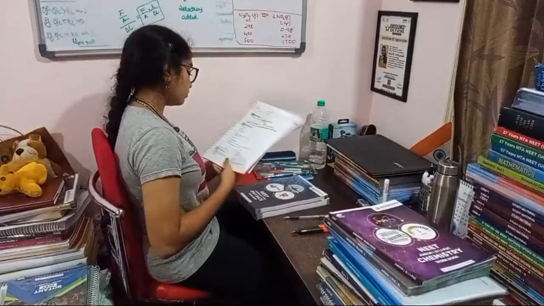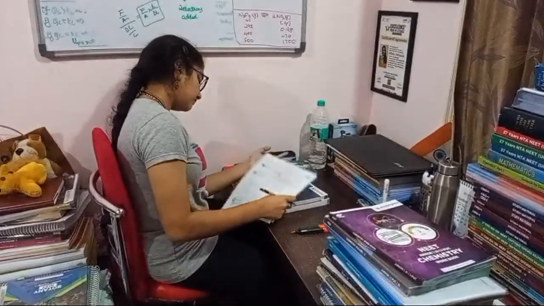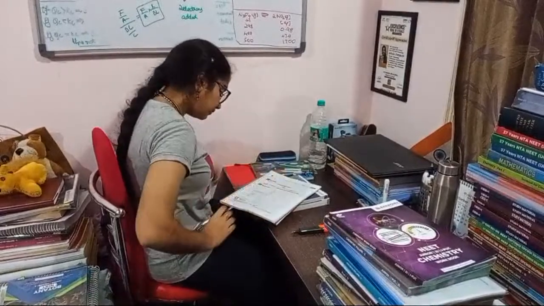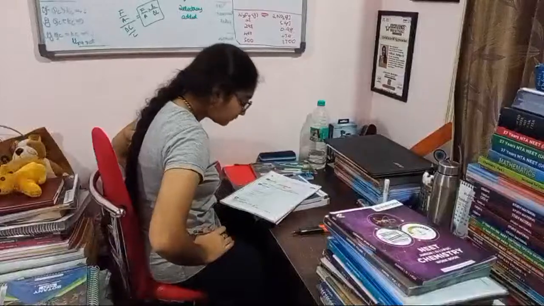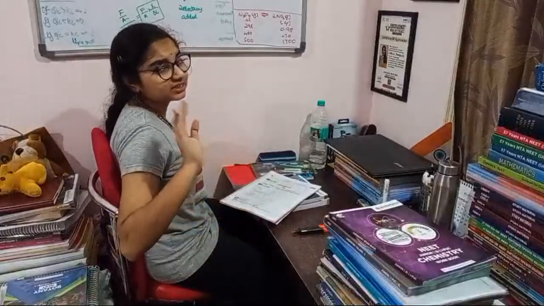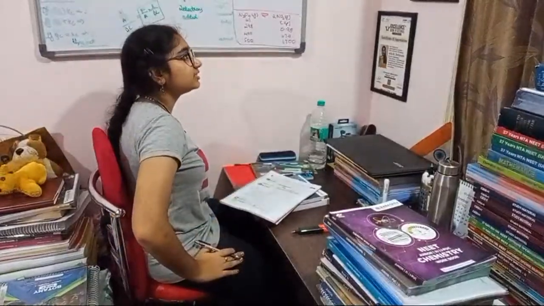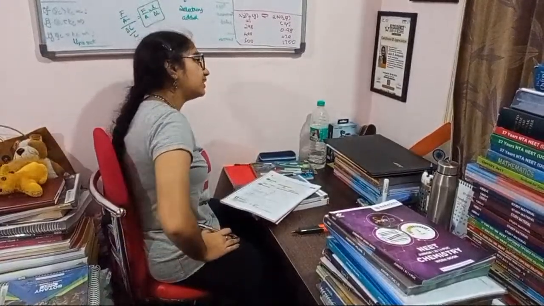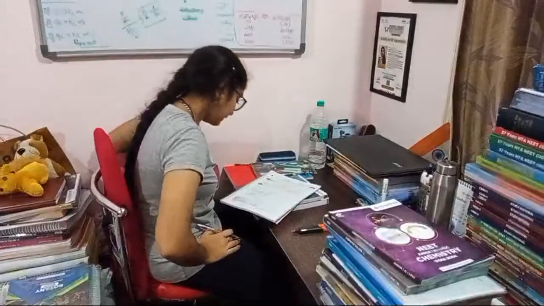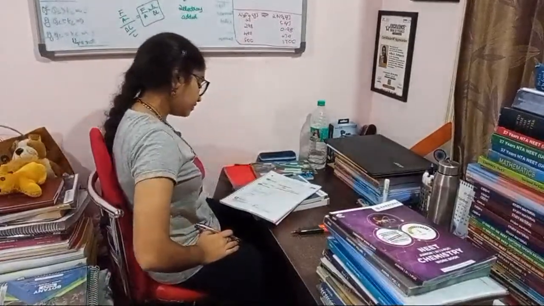We studied Young's modulus, then Bulk modulus, then modulus of rigidity, eta equals F by A. This force per unit area is common. The only thing which changes is the denominator, which keeps changing here. That is L into delta L or L by delta L for modulus of rigidity.